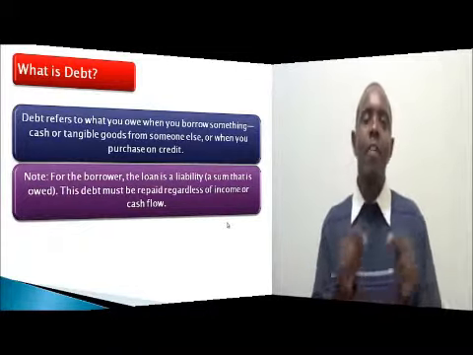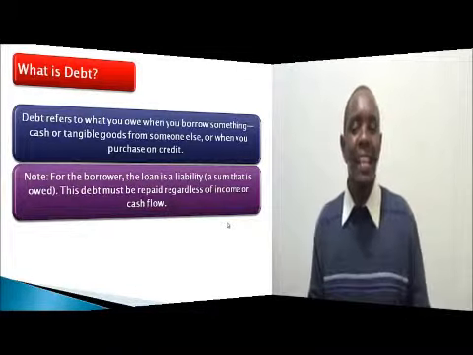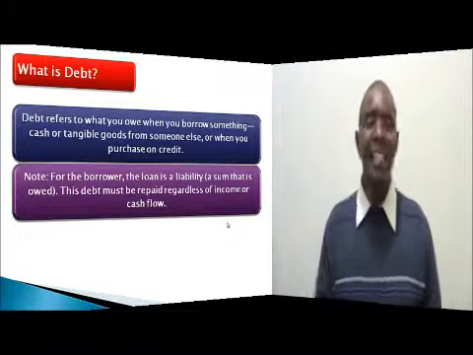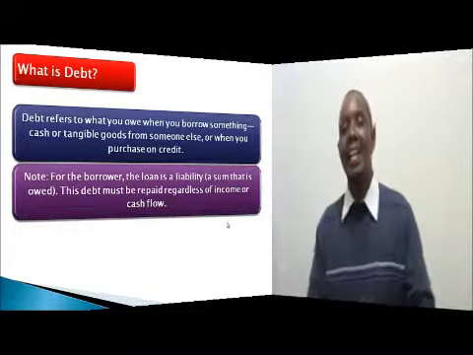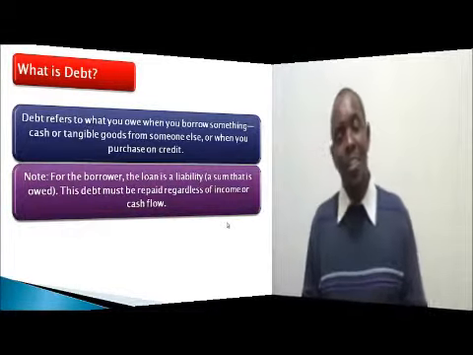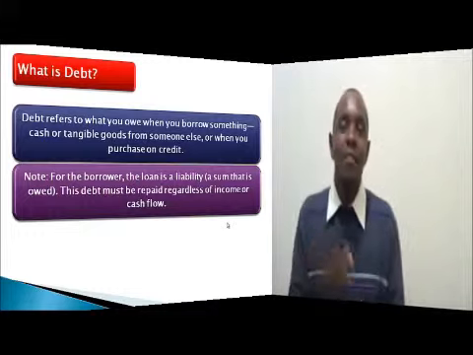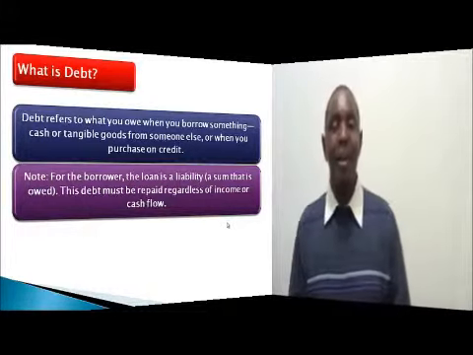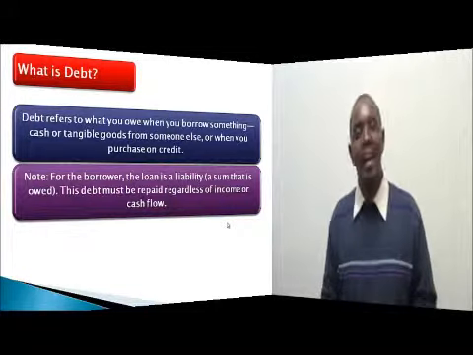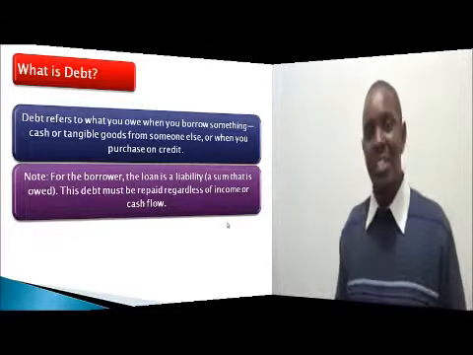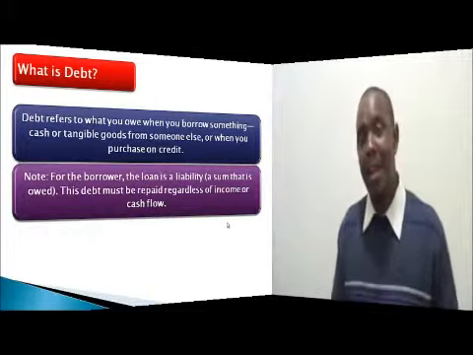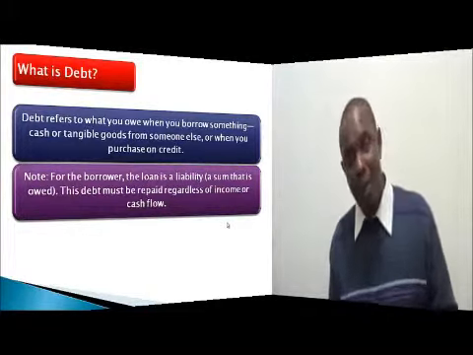Note, for the borrower, the loan is a liability, that is a sum that is owed. This debt must be repaid regardless of income or cash flow. So one thing that you should know is, when you take up a loan and it is approved by a financial institution, then that loan must be repaid regardless of your income.